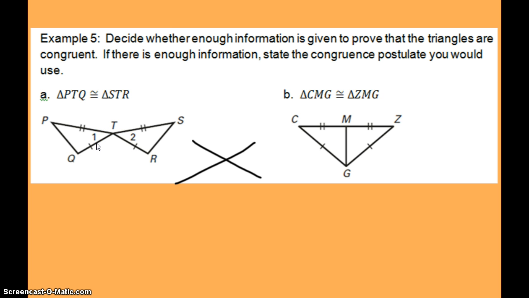If I were to continue this line on, oops, I'll get my line tool for that one. If I were to continue this line on, notice it does not make vertical angles. There's a piece missing. So there is not enough information to prove that the two triangles are congruent for part A.